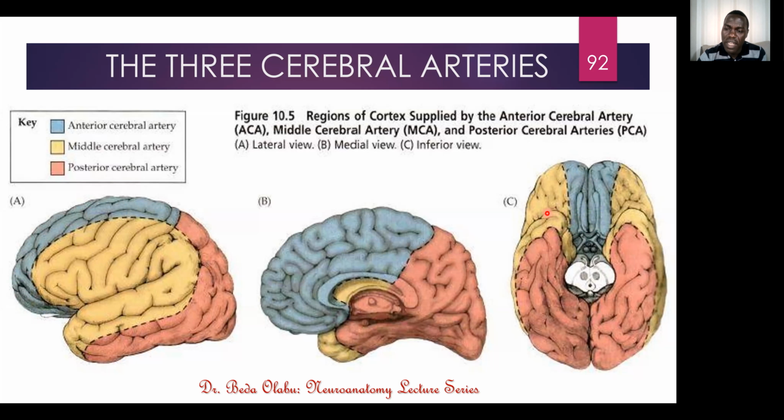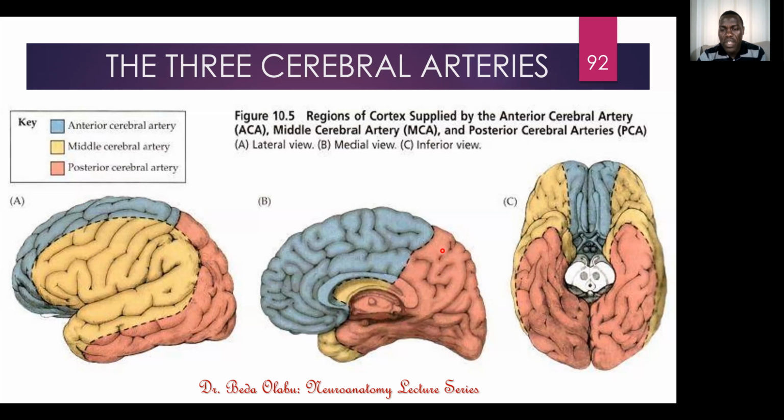Then middle will run like this, posterior comes like this, anterior goes like this, right and left, they both go through here. So they'll supply that region. Middle come out like this, so they'll supply there. Posterior come out like this, they'll supply the inferior surface, as well as medial surface of the occipital lobe.